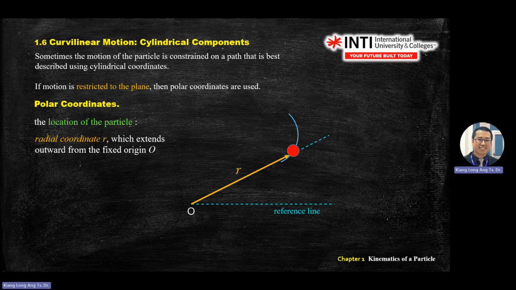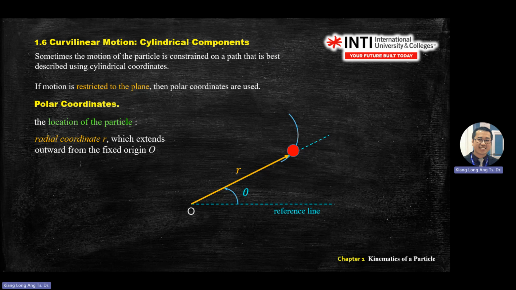So here you need a reference line in the horizontal position, which is theta. For this subject, theta usually we measure anti-clockwise. We follow your right hand rules, where your finger always curves this way, and refer to horizontal. Have this habit, every time you measure angle, always practice the anti-clockwise direction.